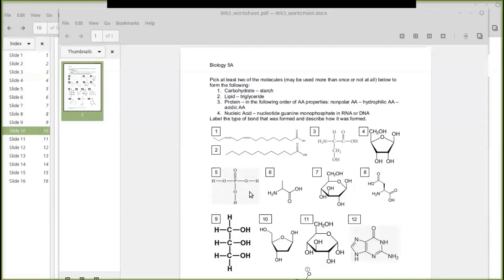Amino acid or not amino acid? No. What about 6? Yes or no for amino acid? Amino group, carboxyl group, and then your R group, right? So amino acid. What about 7? Yes or no?